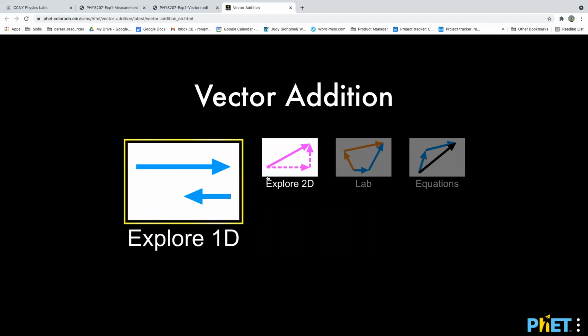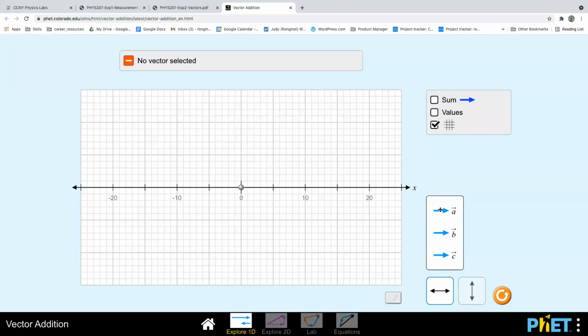For example, in Explore 1D, let's say I have a vector like this, and then I have another vector. If I want to add these two vectors together, I put the head to tail or tail to head.